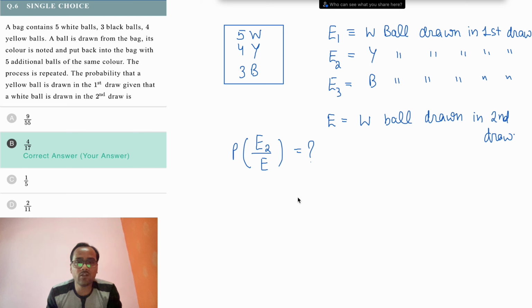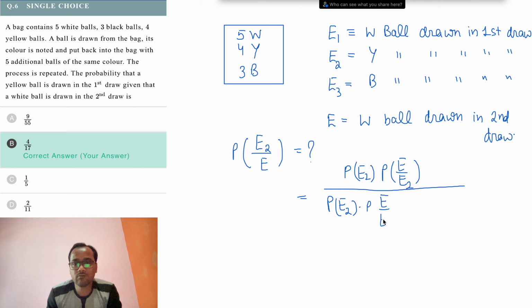So you know the formula: the probability of E2 given E will be probability of E given E2 into probability of E2, upon probability of E2 into probability of E given E2, plus probability of E1 into probability of E given E1, the probability of E when E1 has occurred, plus probability of E3 into probability of E given E3.